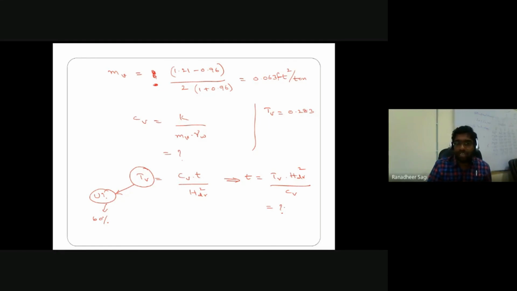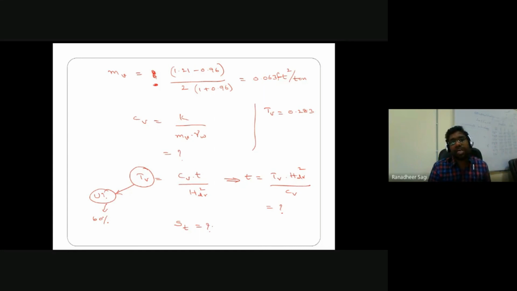for this corresponding time, what am I required to calculate? Second question. How much is the settlement that I am going to have in my soil corresponding to that particular time?